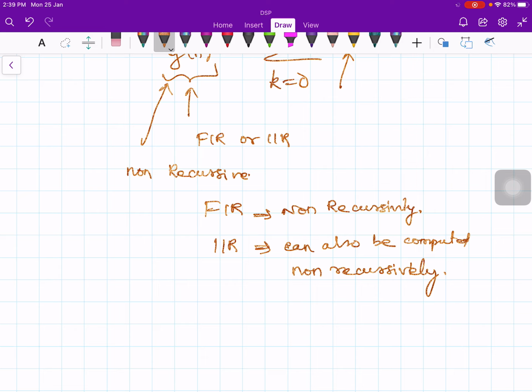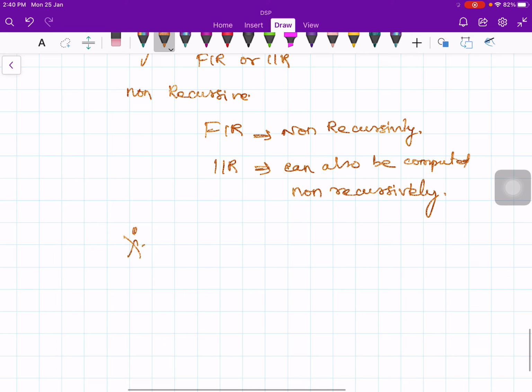So it is not necessarily true that IIR means you must go recursive. Many textbooks make a mistake here. FIR is not necessarily non-recursive and IIR is not necessarily recursive. This is a very important point.